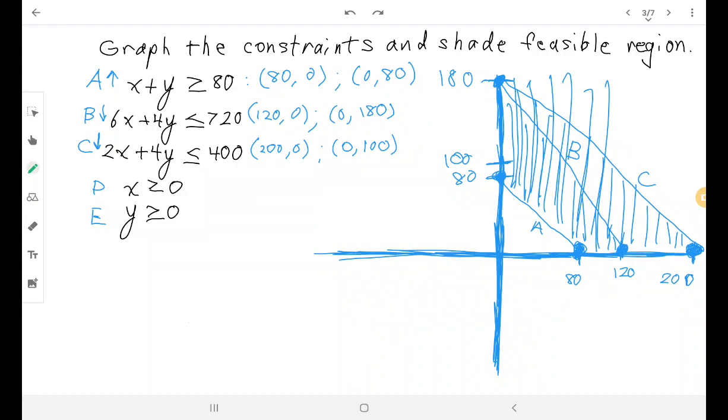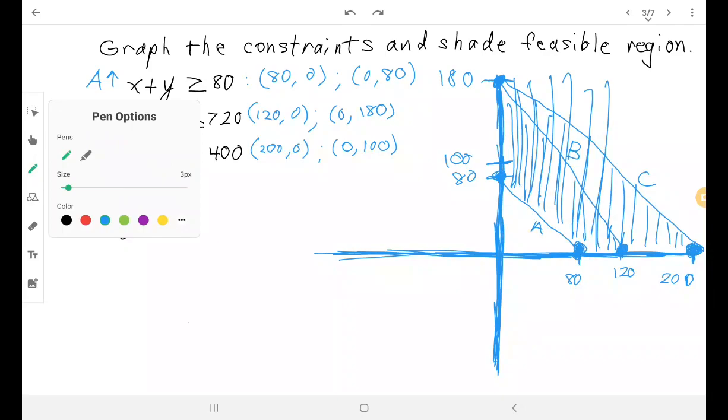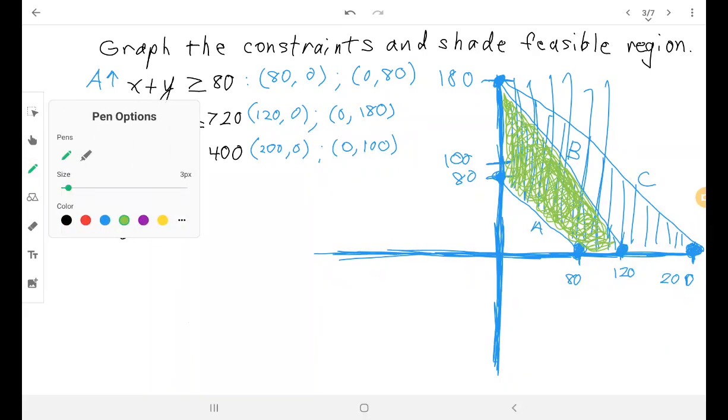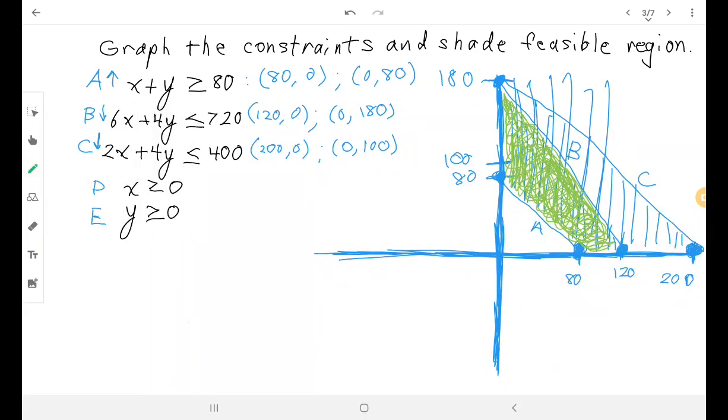So maybe I'll show that. Let's say we put all the colors together and we got green. I know that doesn't really work, but all the colors come together in this little corridor here. And so this is our so-called feasible region, right there. So then the next part of this is to say, okay, where are the vertices?